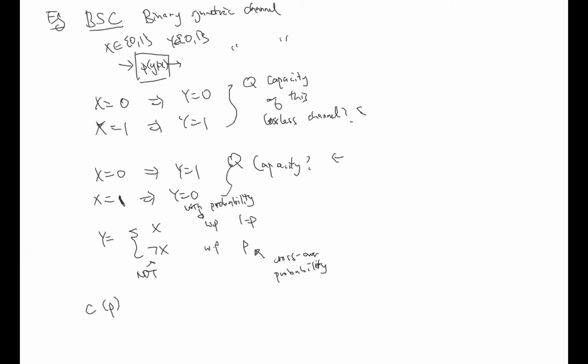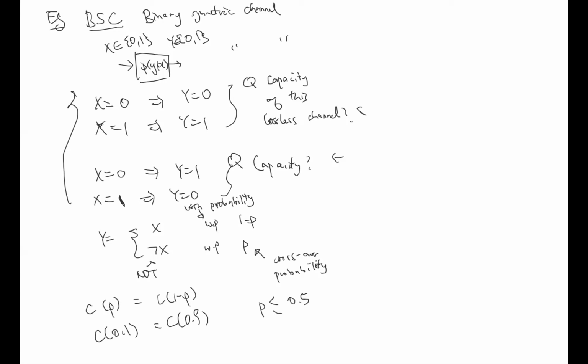From the argument here, we know that C(p) is equal to C(1 minus p), right? So if I have the error, for example, C(0.1) should be equal to C(0.9). And we can focus on the crossover probability p being less than or equal to 0.5.